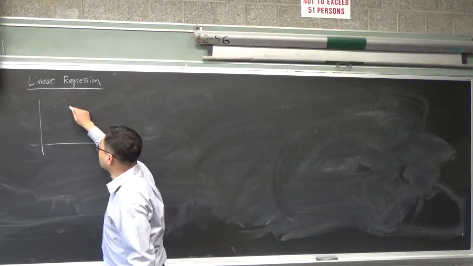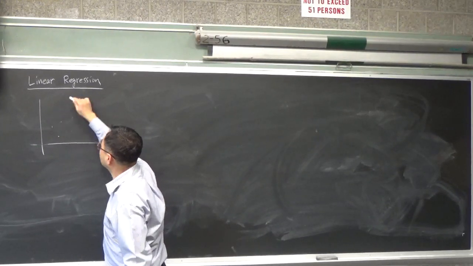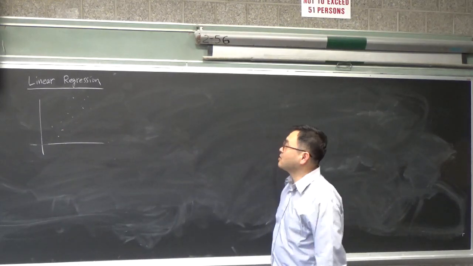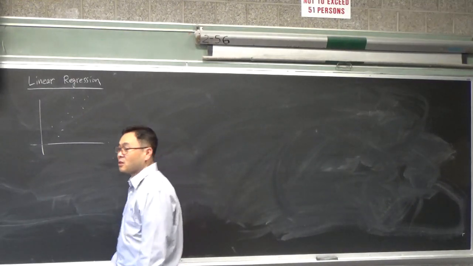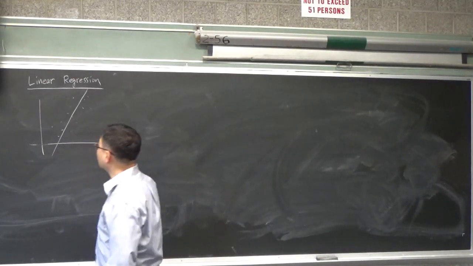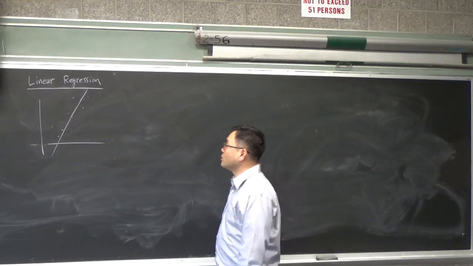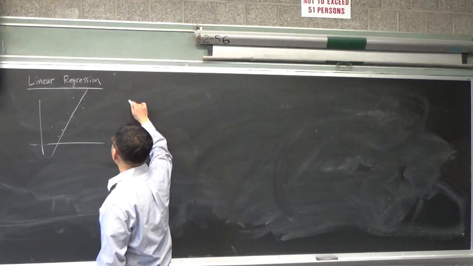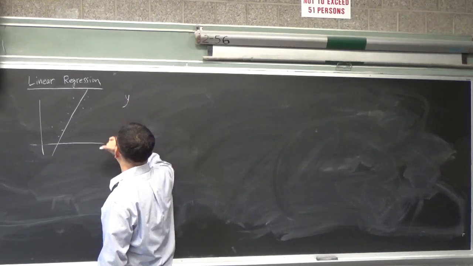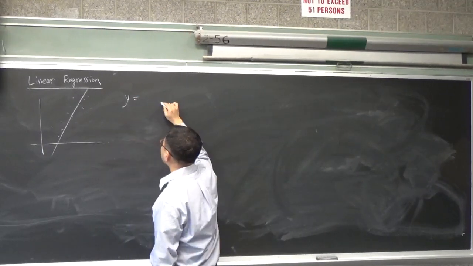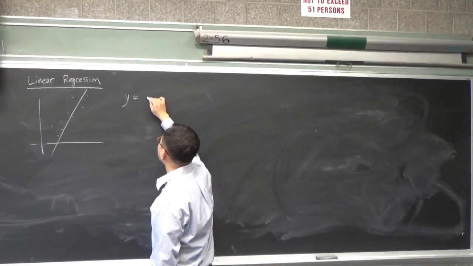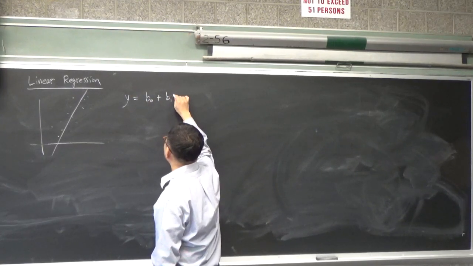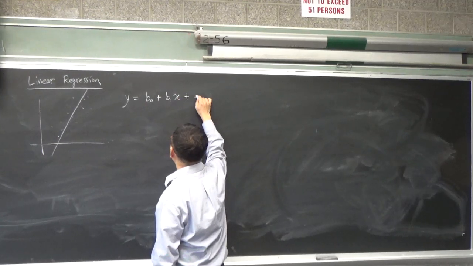So suppose you have some kind of a scatter plot with some trend that you think there should be some regression line, where your idea is that the actual value of y is like some a or b0 plus b1 x plus some error.